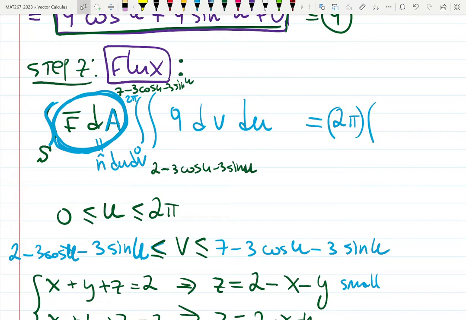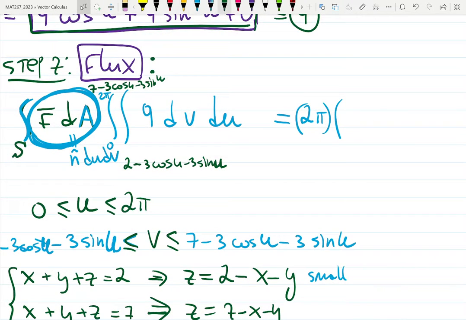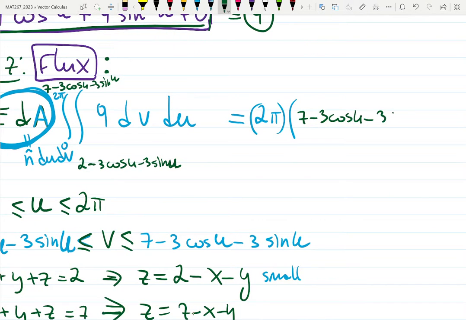And now we just need to integrate 9 dv. So 9 dv is just v. And I'm plugging in the top minus the bottom. And it's going to be 7 minus 3, how many times I wrote down this thing? Minus. So did you finish without me? That would be nice. Minus. Let's change the signs. 2 plus 3 cosine u.